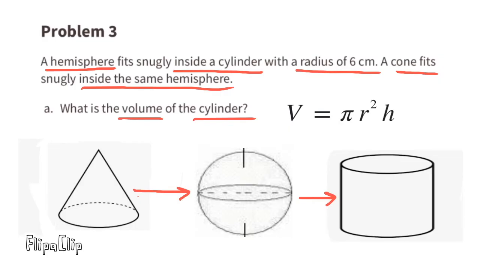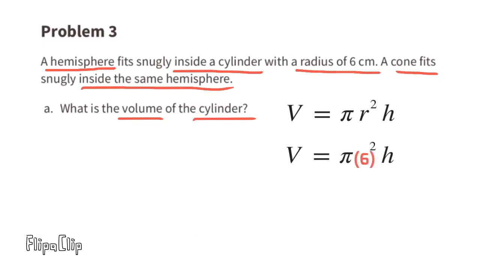Remember, the formula for the volume of a cylinder is V equals pi times r squared times height. And since the radius of the cylinder is 6, we can substitute the r with a 6. Since the radius of the sphere is 6, the height of that sphere is also 6. And since it fits snugly inside the cylinder, that means that the height of the cylinder must be 6.